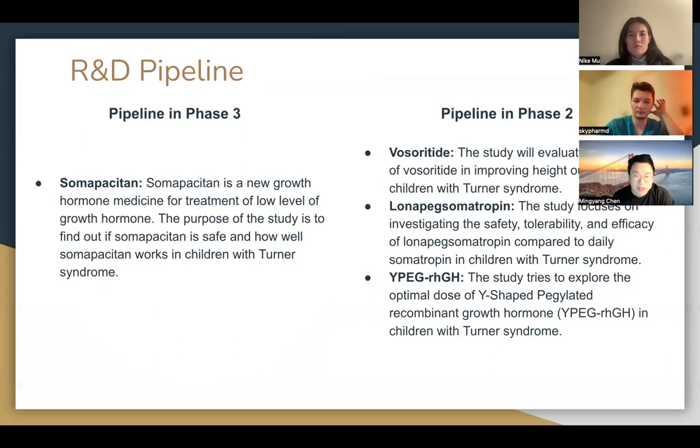The study will evaluate the efficacy of vosoritide in improving height outcomes of children with Turner syndrome. Second is lonapegsomatropin. The study focuses on investigating the safety, tolerability, and efficacy of lonapegsomatropin compared to daily somatropin in children with Turner syndrome. The third is Y-PEG-rhGH. The study tries to explore the optimal dose of Y-PEG-rhGH in children with Turner syndrome.